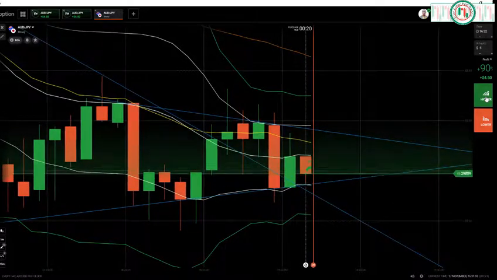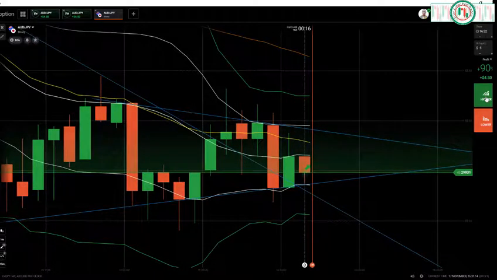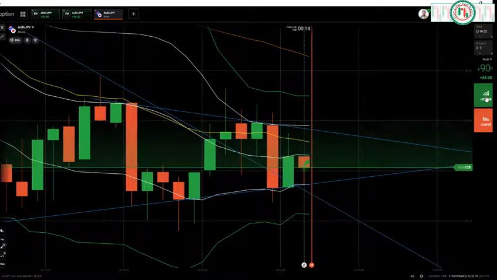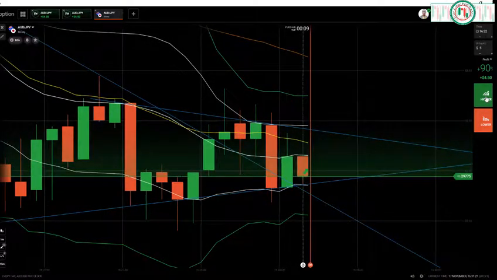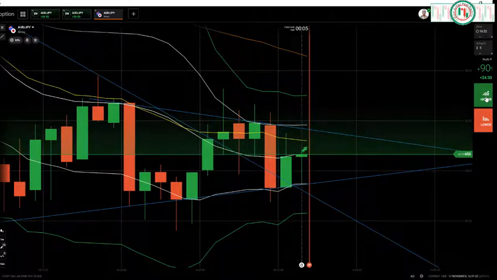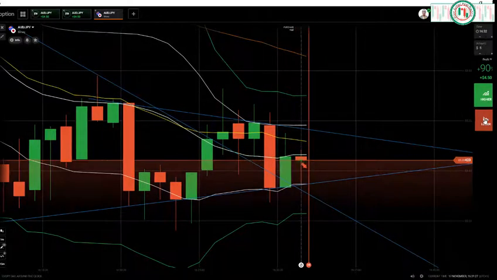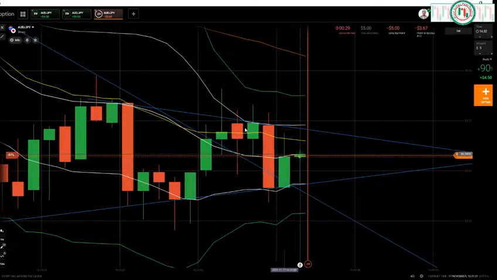So now, if I get rejection from the trend line, if the market goes a bit lower below the trend line, I'll place my trade below the trend line. Below, if it's not going, I'll place a put, because I know this candle, the market must consolidate.